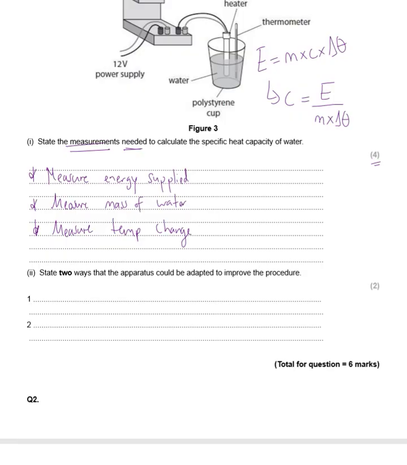So how can we measure the energy supply? Pretty much use a joule meter. Okay. So this is how we're going to use the joule meter. Now, how are we going to take the change in temperature?